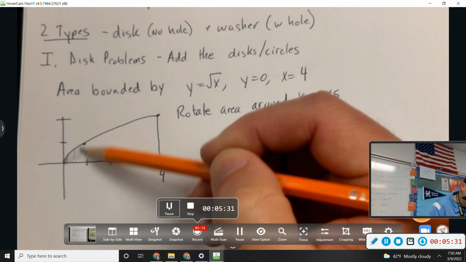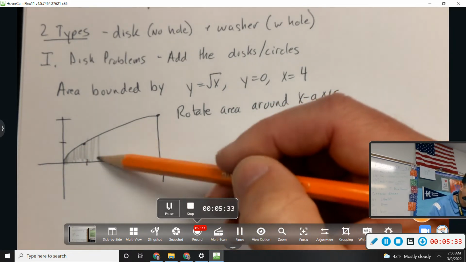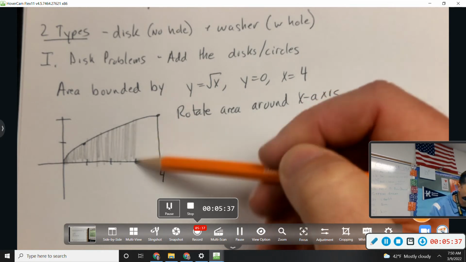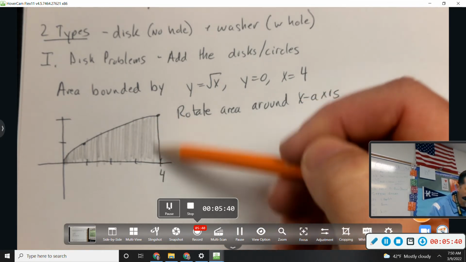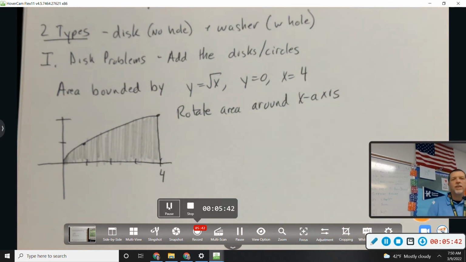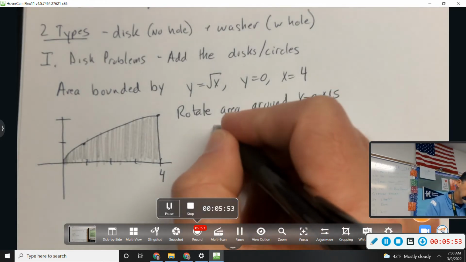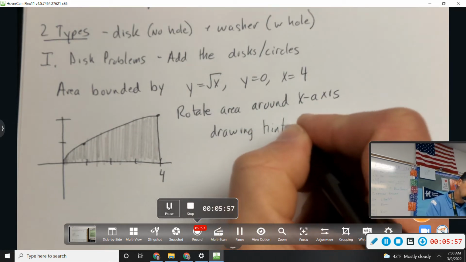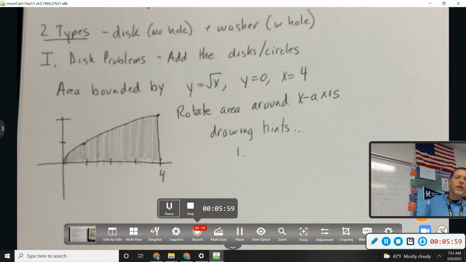I like to shade the base area, not completely necessary, but we're going to draw some more stuff on this picture, so it helps me to see that's the starting point. All right, some drawing hints, because part of this is an art class.